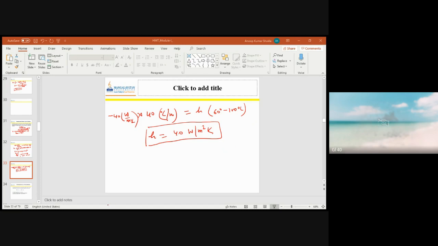So we will quantify the amount of heat: Q upon A equals sigma epsilon, Ts raised to power 4 minus T infinity raised to power 4, where T infinity is the surrounding temperature in Kelvin, and Ts is the surface temperature.